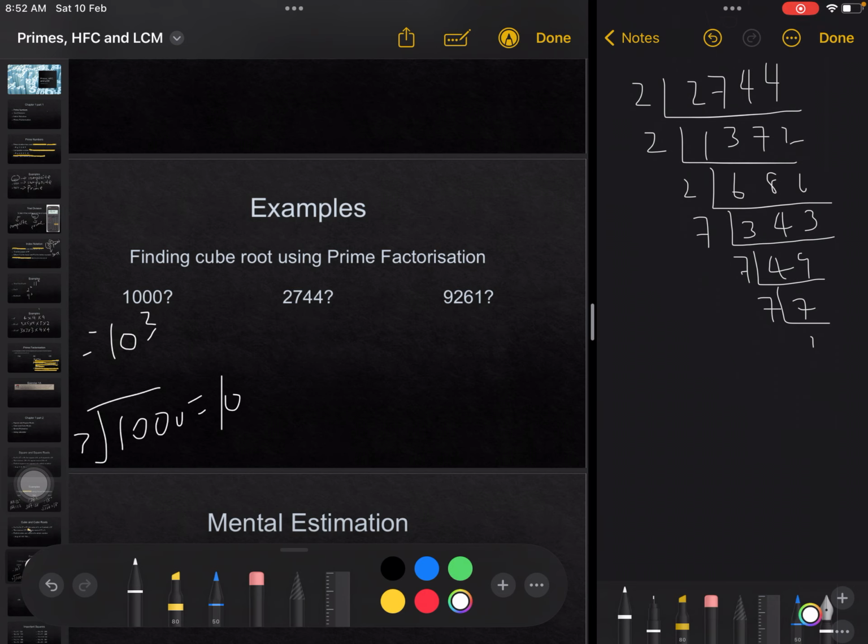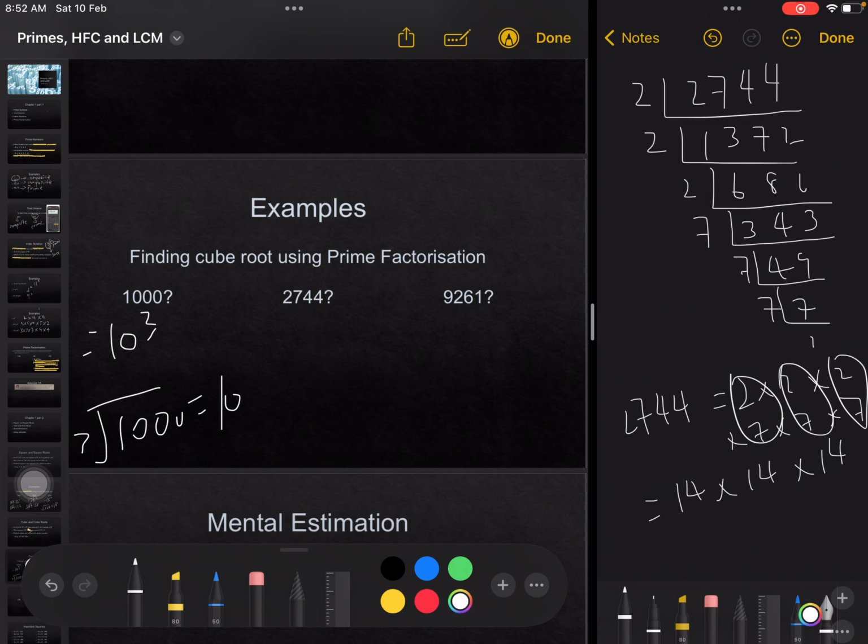So 2744 equal to 2 times 2 times 2 times 7 times 7 times 7, which equal to 14 times 14 times 14. This is 1 pair, this is 2 pair, this is 3 pair.